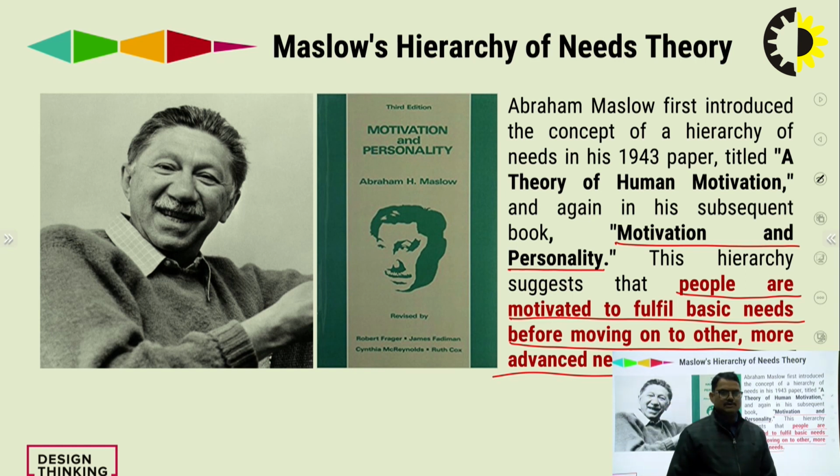We have different kinds of needs, as we'll see, and all the needs cannot be fulfilled at once. We decide our priority. First, we will try to fulfill our very basic needs, which are essential for our survival. Then we move one level up to fulfill our other needs.